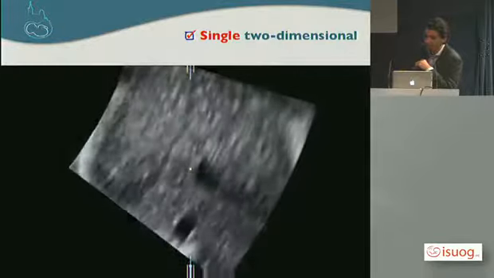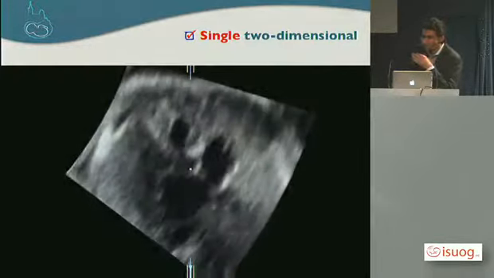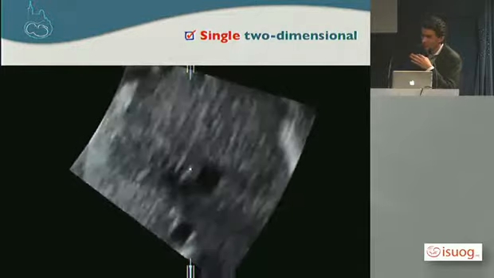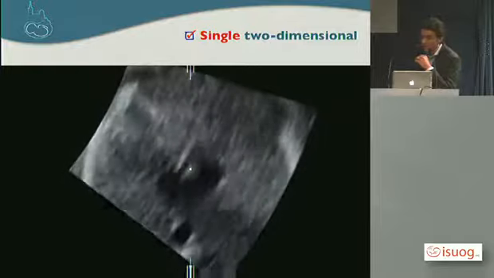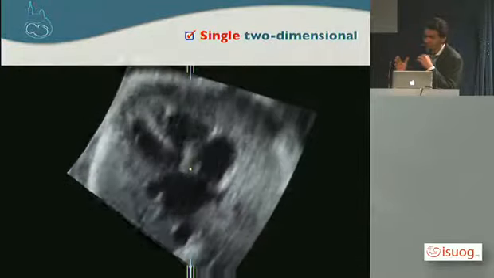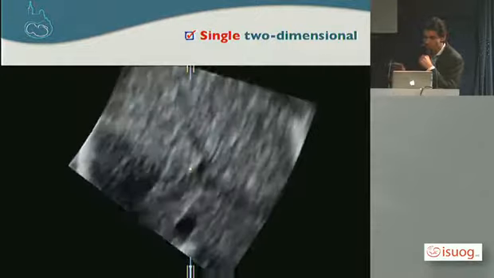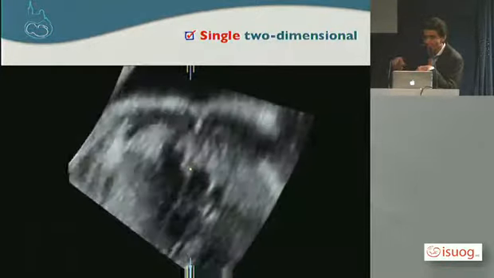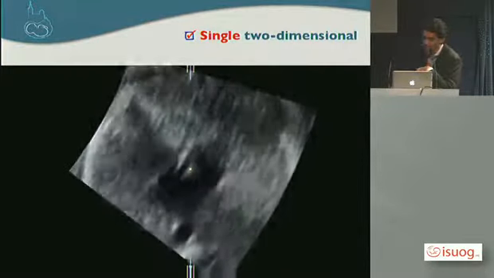This acquisition is made automatically by the transducer. You choose the spatial orientation of your acquisition, and then by scrolling within your volume you can displace your region of interest from the lower part of the heart, from the situs, to the four-chamber view, the left ventricular outflow tract, the right, and then the three-vessel view.